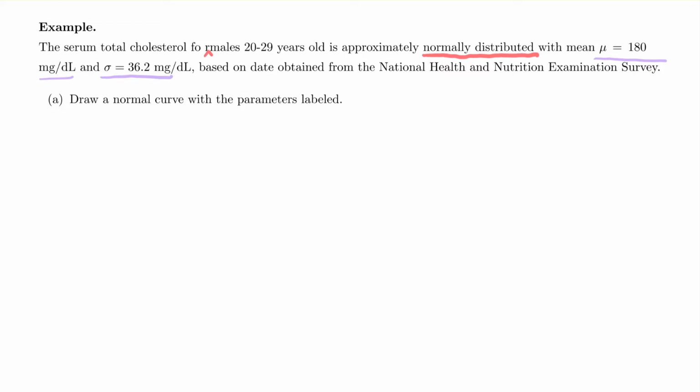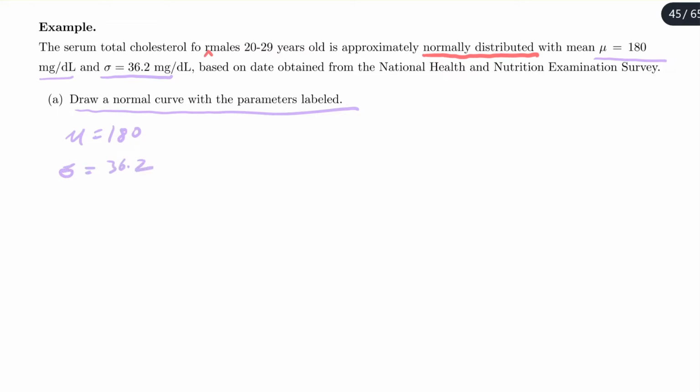Based on this data obtained from National Health Nutrition Exam Survey, draw a normal curve with parameters labeled. So the parameter here is mean of 180, standard deviation of 36.2.